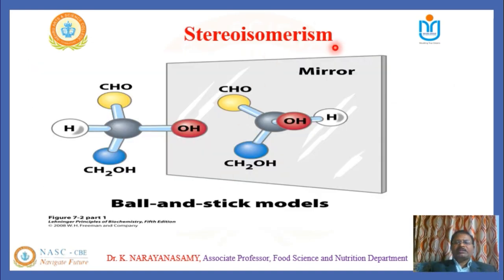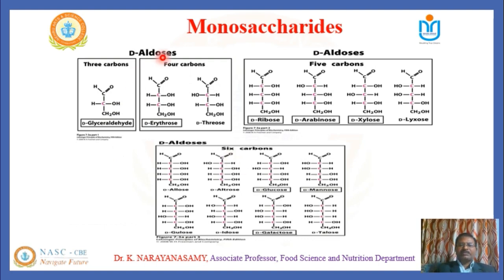Based on that we can have stereoisomerism, and here this is a ball and stick model of stereoisomerism. You see that the D form has a mirror image, that is the L form. These are all stereoisomers. And based on that, monosaccharides can be classified into several groups.